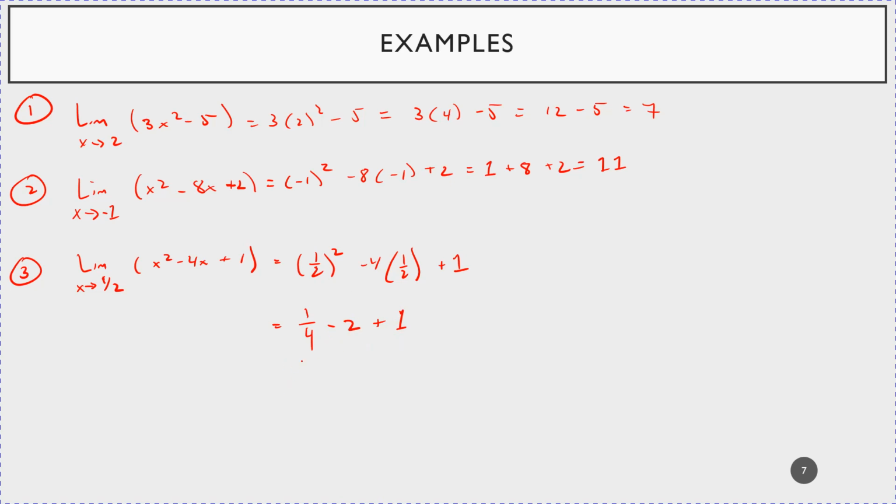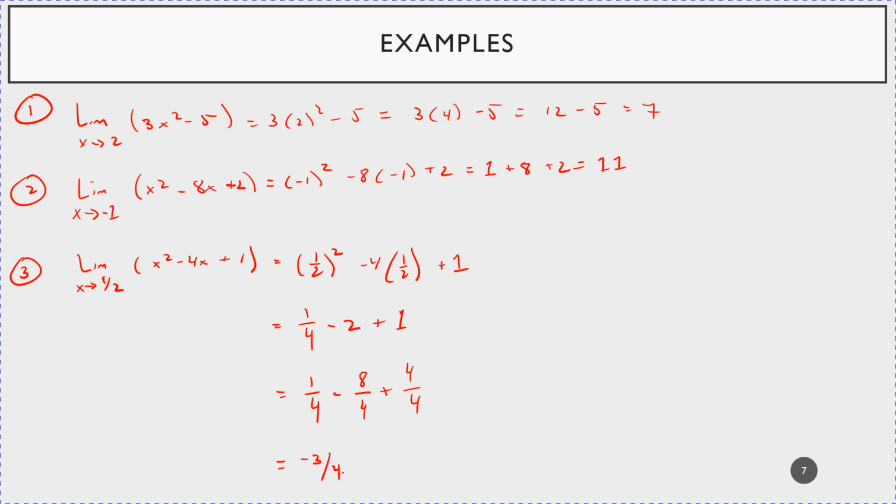Then you just need a common denominator, right? So the common denominator here is 4. So it's 1/4 minus 8 over 4, because 8 over 4 reduces to 2, plus 4 over 4, right? So look, 1 minus 8 is -7. Negative 7 plus 4 gets me minus 3/4. That should be my final correct answer here.